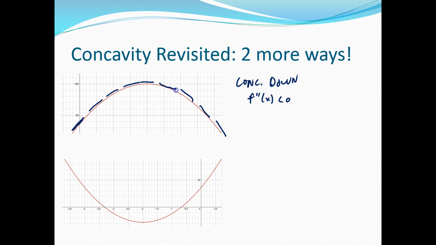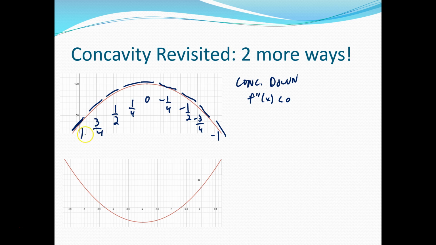I'm going to approximate what the slopes are of each one of these tangent lines. It's not going to be perfect, doesn't have to be perfect, but it's going to be close. So the slope here might be 1, then maybe this is like 3/4, maybe this is like a half, maybe this is like a quarter. Here it's 0, and then over here we have a slope of like negative a quarter, then negative 1/2, then negative 3/4, and this is like negative 1.